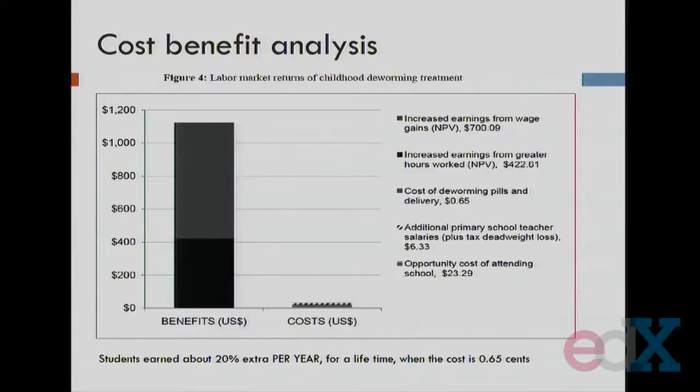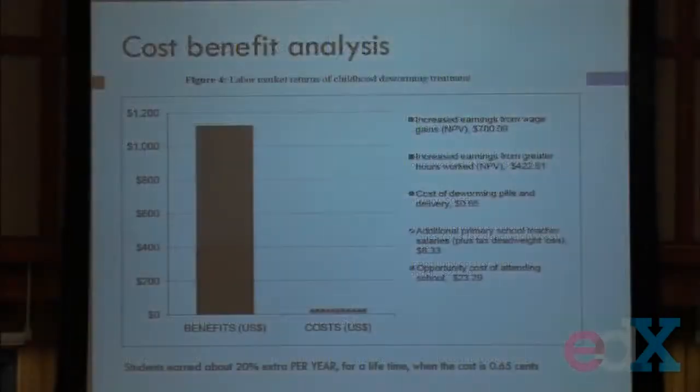So these are the benefits that you're getting from this 19% increase in earnings. Imagine that you get a 19% increase in earnings. Take the GDP of Kenya, or the average wage level of Kenya, multiply it by 19%. That's how much you're getting every year.